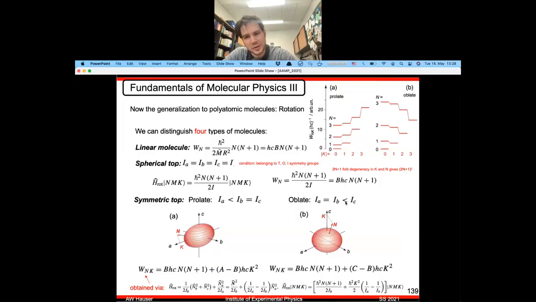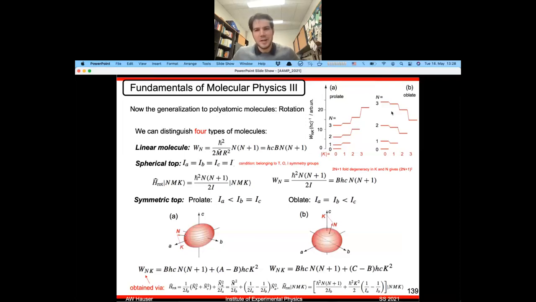So the projection onto I_c is what we denote as K, and the larger the projection becomes, the larger the moment of inertia will be, and therefore the smaller the rotational constant. And this is why here the energy spacings will be smaller with increasing K.